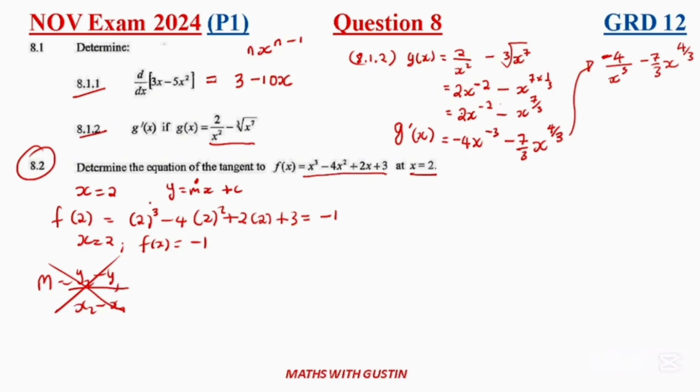But you will remember that if you take the derivative it gives you the gradient. Okay, so now if you have got this function like it is here, x squared plus 2x plus 3, if you take the derivative of that, it is going to give you the gradient.